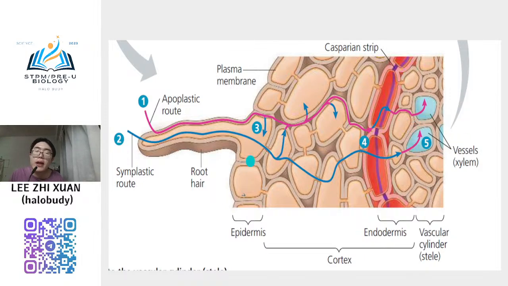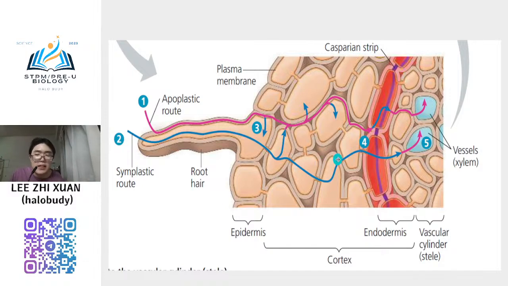If you compare to the epidermis, which only contains one layer and the water directly enters the root xylem vessel, the root would need to absorb more water compared to one with no cortex.